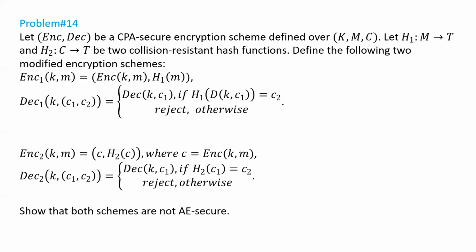So the ciphertext in the first scheme is of the form c comma t, where c is encryption of k comma m and t is h1 of m. And decryption is done accordingly, in that it first checks if h1 of Dec of k comma c1, that is, the first part you decrypt using decryption with k comma c1, and then you check whether that plaintext, when passed through the hash function h1, gives the same tag c2.